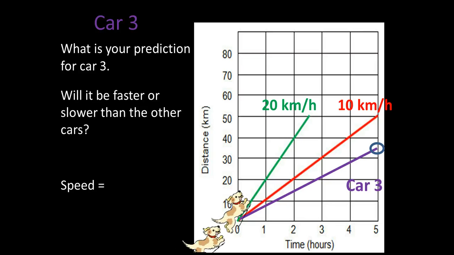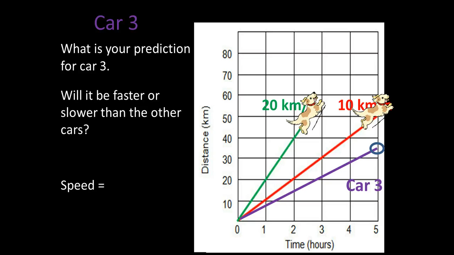And so if two dogs were running up the hill, then the dog on the green slope would reach 50 kilometers faster than the dog on the red slope. So the steeper the slope, the faster the object on these graphs.